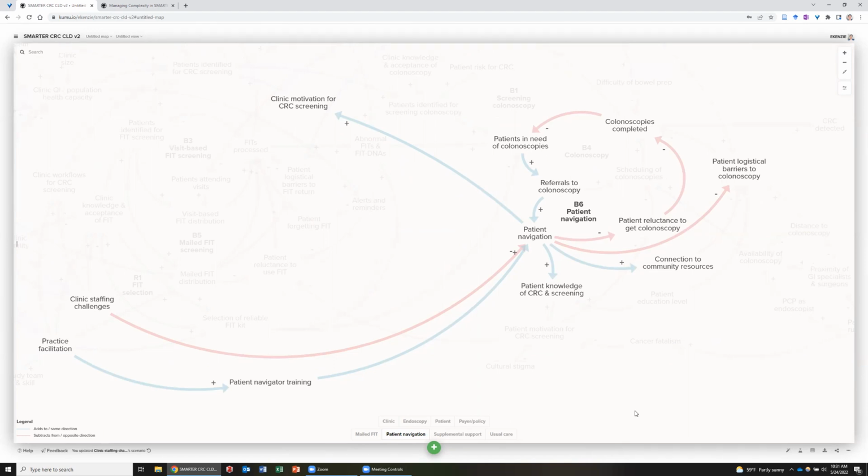Do we need to change our assumptions? What exactly is not working here? Are we not training people correctly? Is it the staffing challenges? Is that a pressure? Maybe the downstream impacts of the navigation aren't exactly what we hoped they would be. Maybe folks aren't seeing the benefit from it.